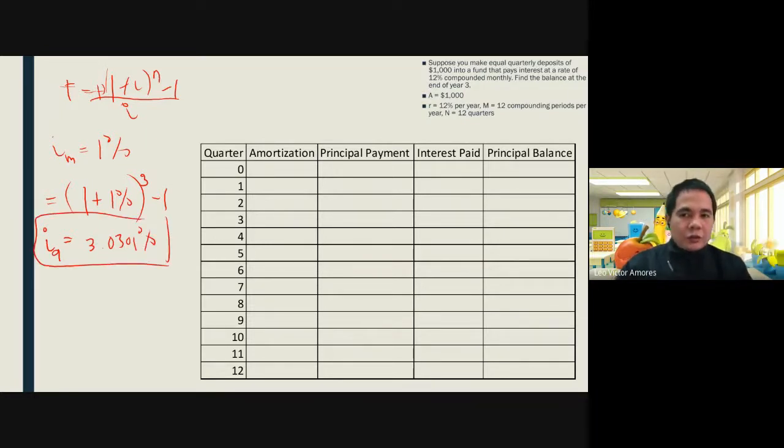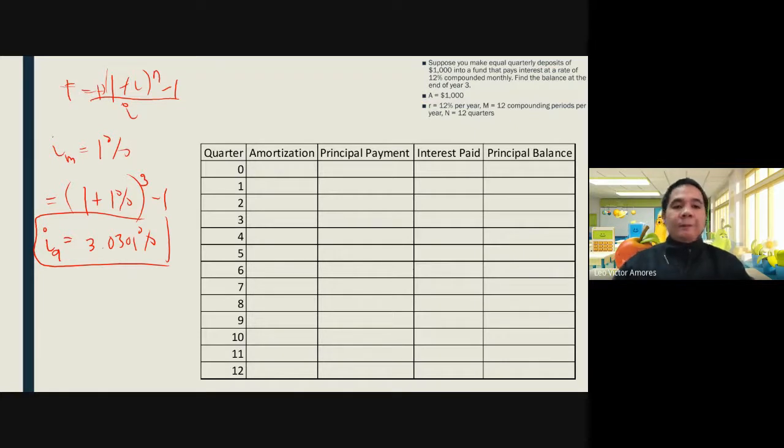Any question? So in other terms, your effective rate of interest on a quarterly basis is 3.0301%. I put 0301 because I do not need yet to round up or round down the values of my solution.